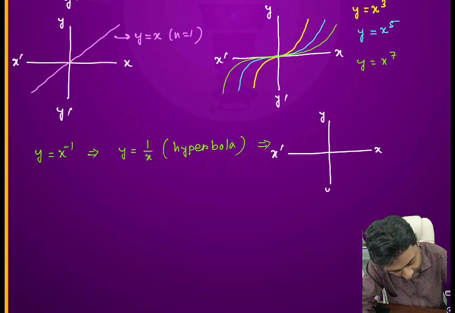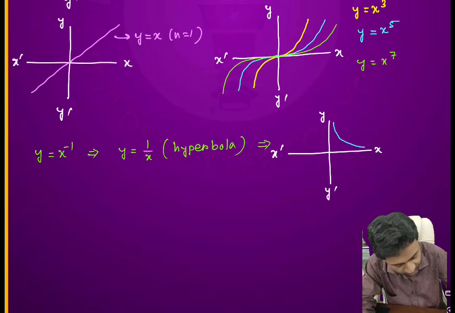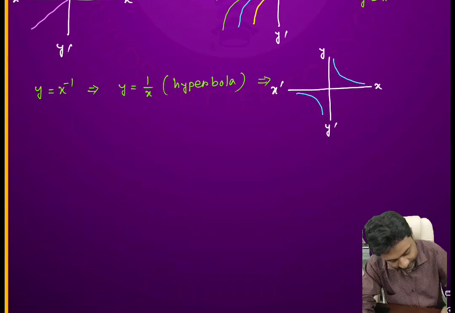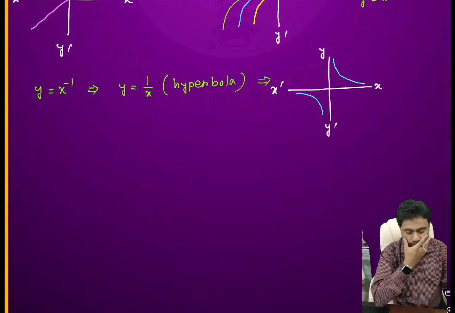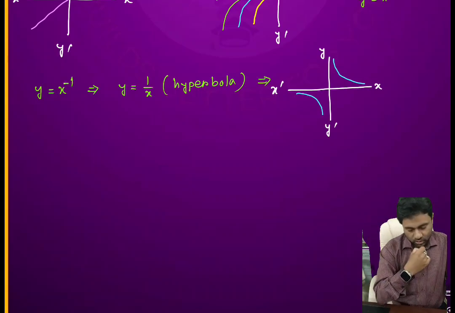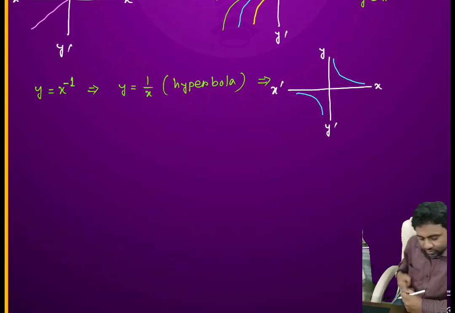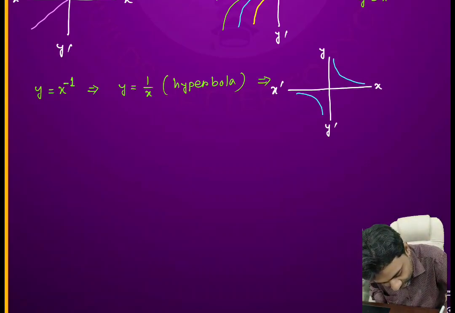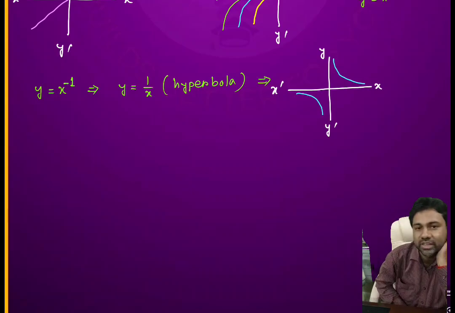So in this case, the graph would look like this: x, y, x prime, y prime. This is its part in the first quadrant. This is its part in the third quadrant. Okay. If power is negative, then this will happen. Not many more powers are required in this case, so we are not interested in them.